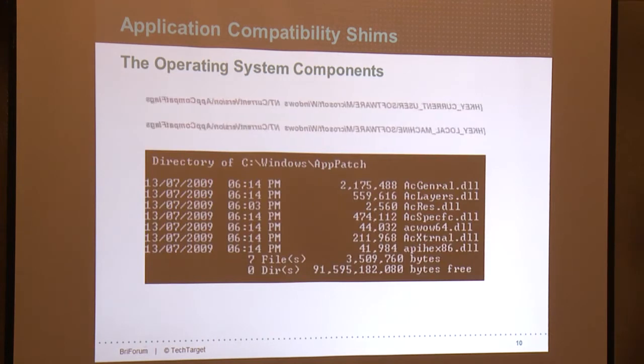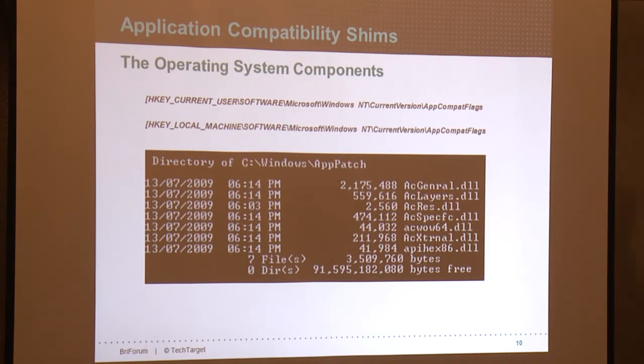So if you don't believe me, you can see signs of the Shim Engine within the operating system. You can look at HKEY_CURRENT_USER, Software, Microsoft, Windows NT, CurrentVersion, AppCompatFlags, or HKEY_LOCAL_MACHINE, Software, Microsoft, Windows NT, CurrentVersion, AppCompatFlags.